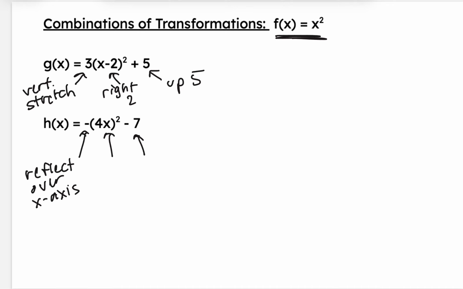Okay, the 4 with the x, it's a number bigger than 1, so it's going to make it look narrower, but it's horizontal because it's inside with the x, so it will be a horizontal shrink because it's going to make it look narrower. Okay, and last, the -7 means we're going to go down 7. Okay, so that is kind of a quick review of transformations.